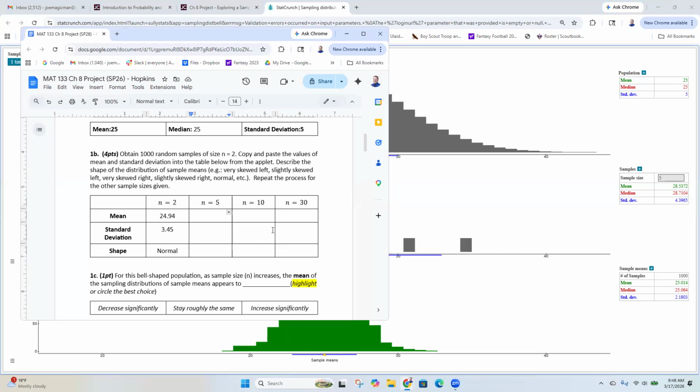My mean now is 25.01. My standard deviation is 2.18. And what do you guys think about the shape? Still normal? Everyone agree?